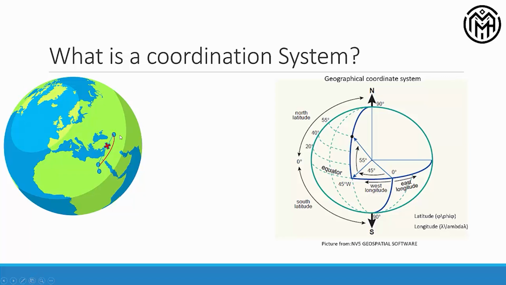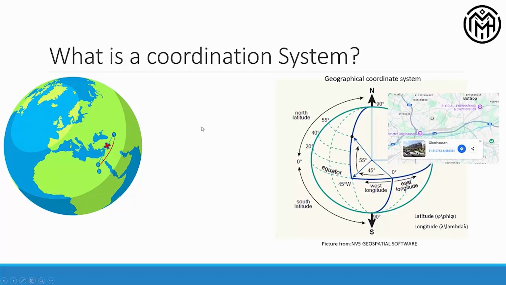And by the way, this type of coordinate system is used in Google Earth or Google Maps. If you click at any point in the map, you will get those numbers, the latitude and longitude, and this refers to the geographical coordinates for this point.